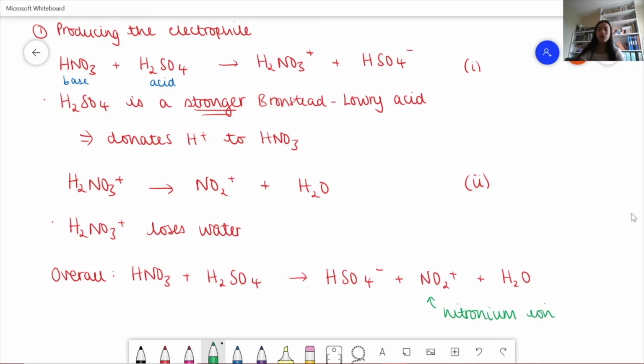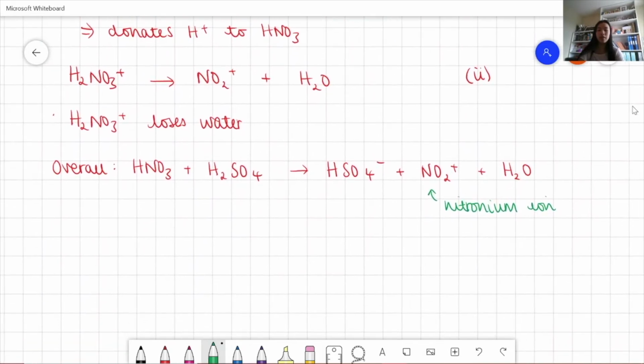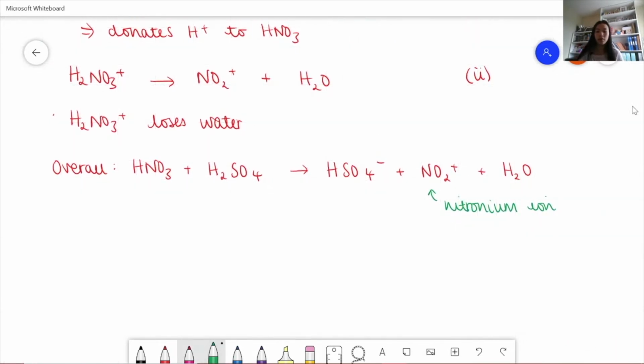So now we get on to the actual substitution. This is step 2, the electrophilic substitution. We first draw out a benzene.